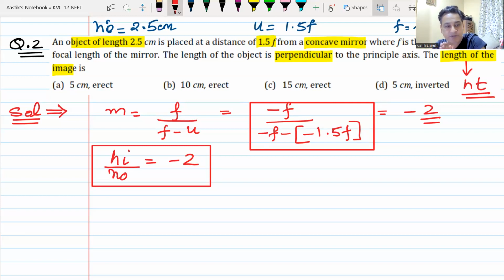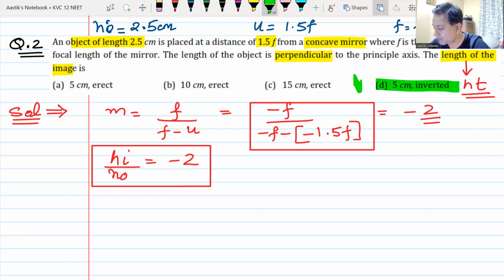A, B, C, D. 4 options you have got, dear friends. Can you tell me which option is correct? And the answer is 5 centimeters inverted, sir.